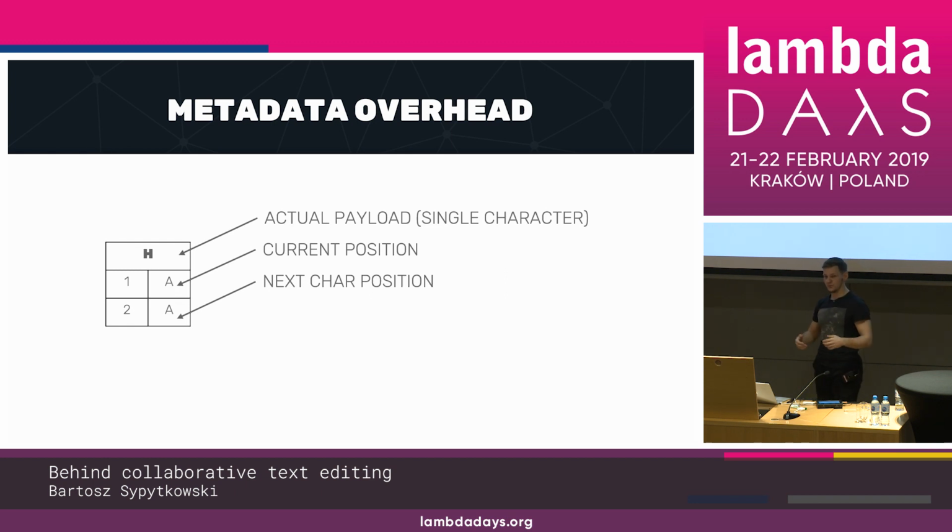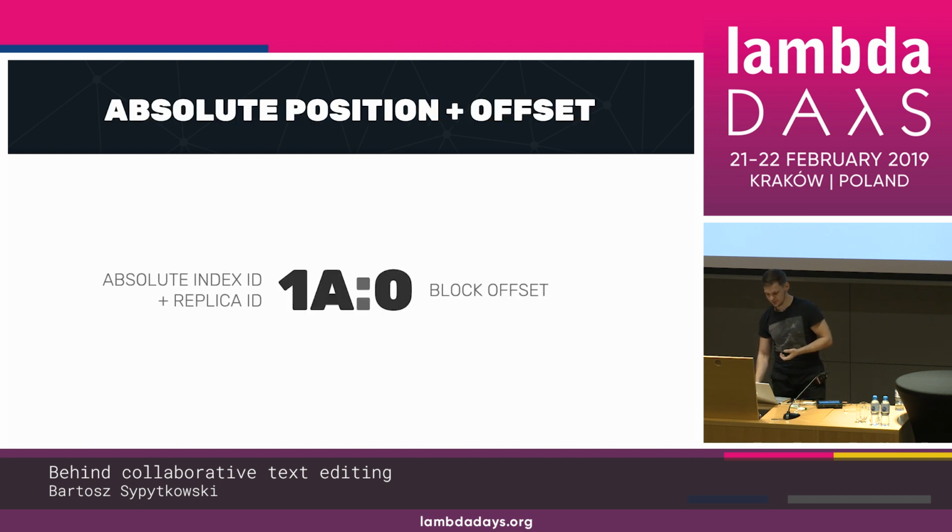Finally, it means that if we want to store those characters each in separate cells, we would pay much higher costs in terms of actual memory used, and also persistence to disk, than the actual data that we are interested in. So how can we store blocks of text instead of single characters?